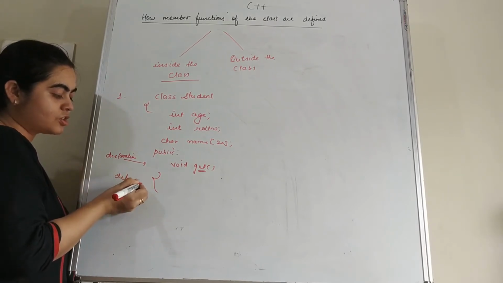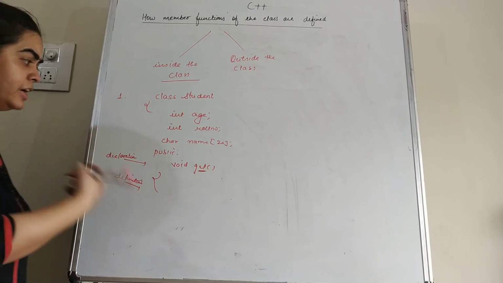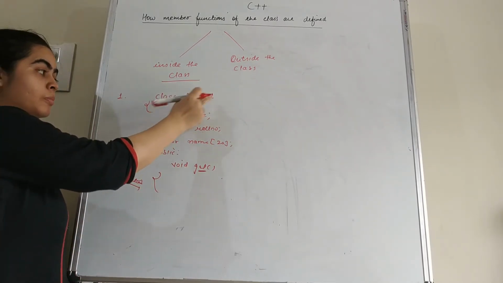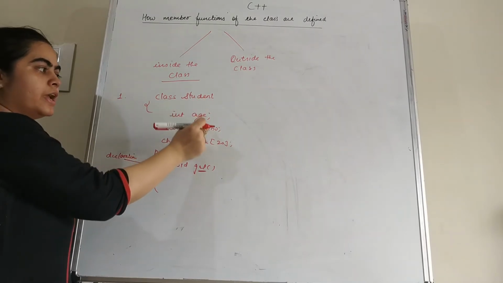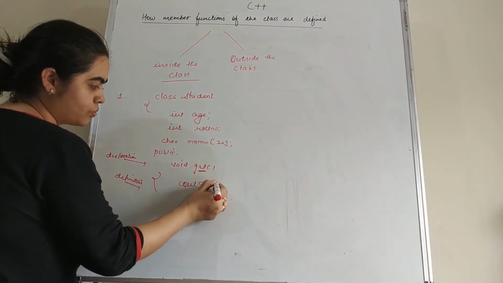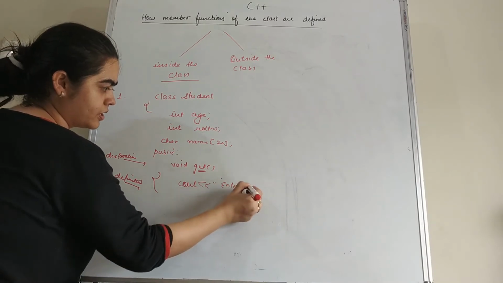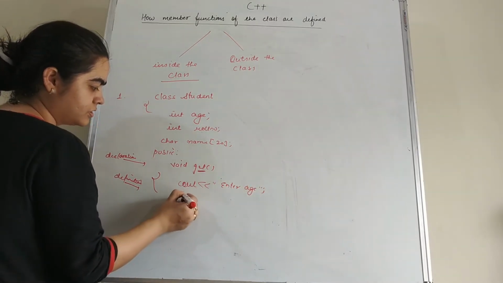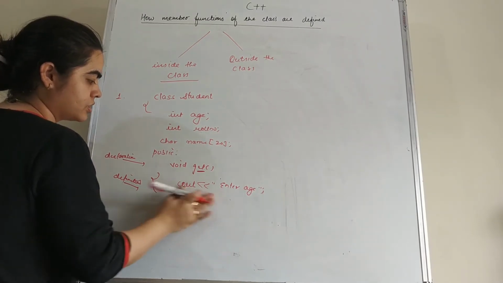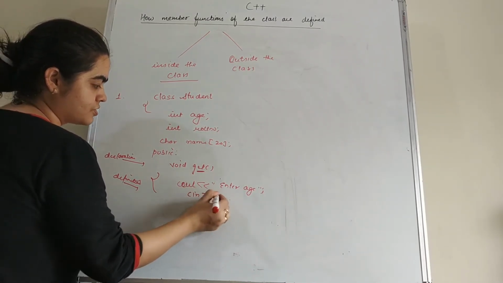So in definition, what we can do, in definition we can get the value from a student of age, roll number and name. So initially we can write cout enter age. After this we can write cin age.